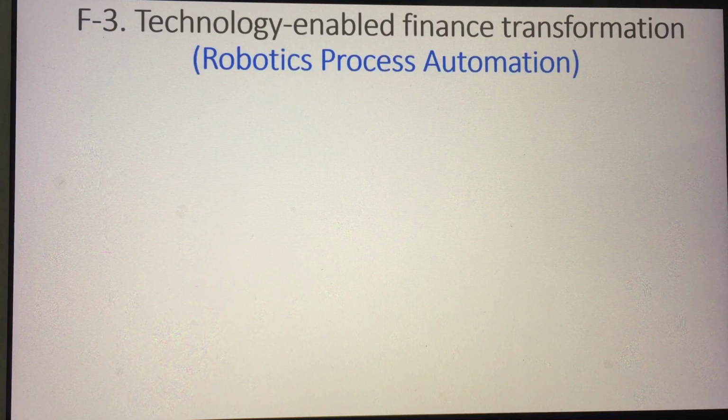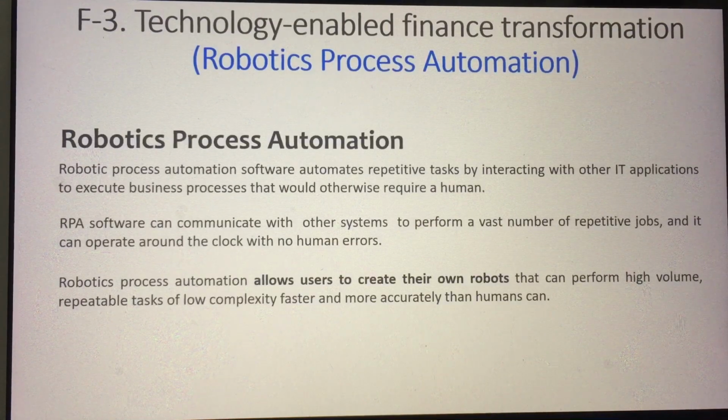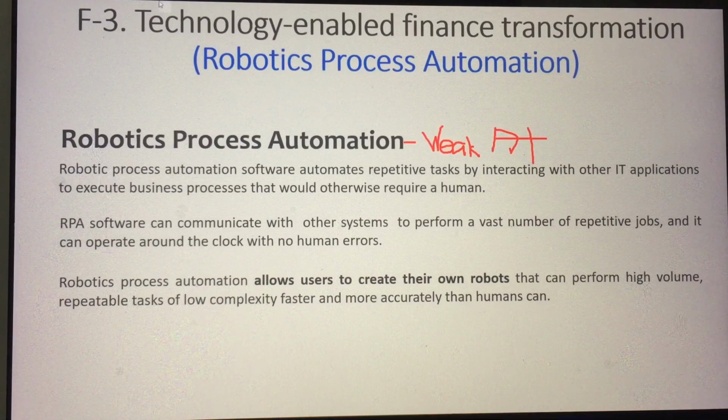So, guys, meron tayong tinatawag na robotic process automation or what we call your RPA. Again, this is an example of a weak AI. So, RPA is a software that automates repetitive tasks by interacting with other applications to execute business processes that would otherwise require a human.